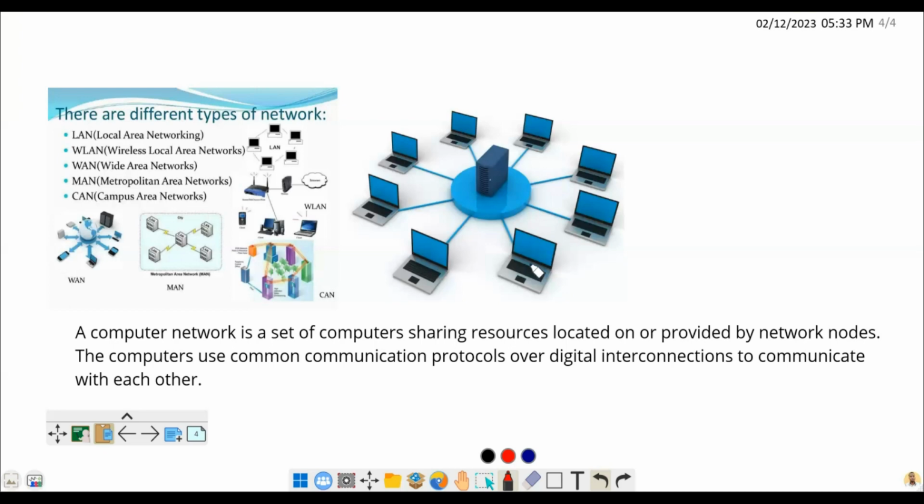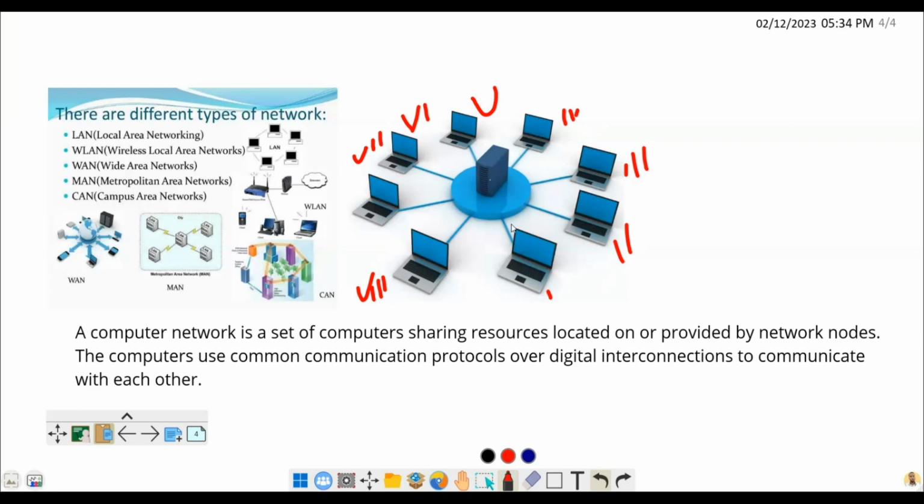As you see, we have 1, 2, 3, 4, 5, 6, 7, and 8.